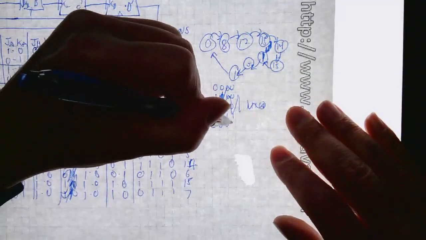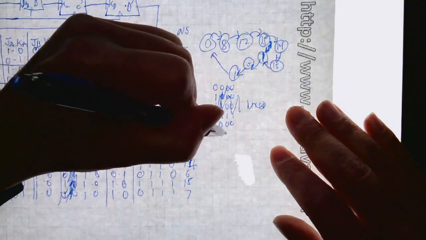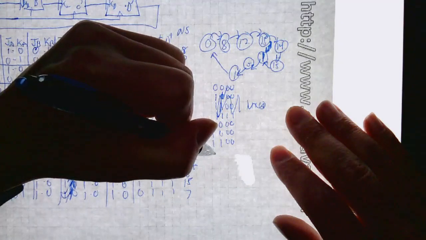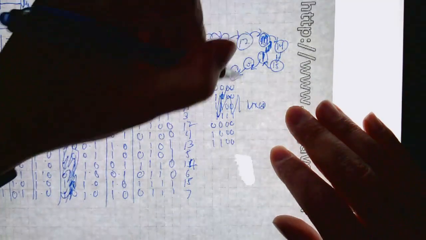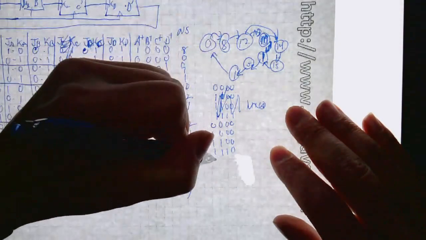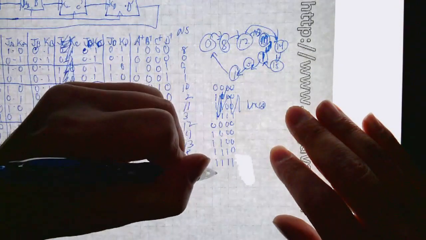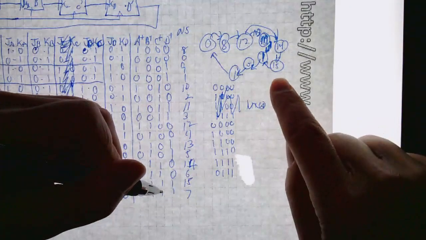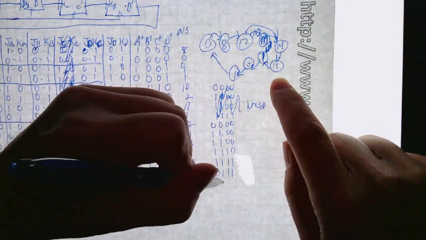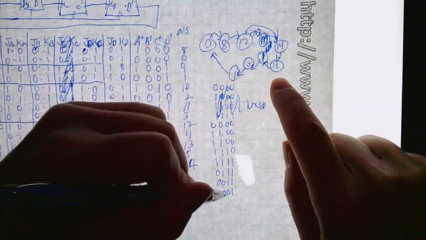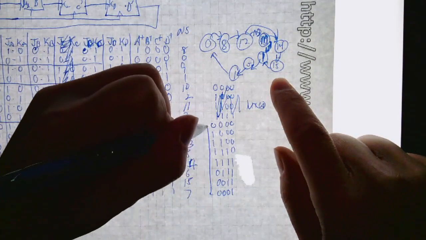So let's do it again. 0, 0, 0, 1, 0, 0, 0, 1, 1, 0, 0. That's supposed to be 14. 1, 1, 1, 0. 1, 1, 1, 1. 0, 0, 0, 1. And now it goes back to the beginning.